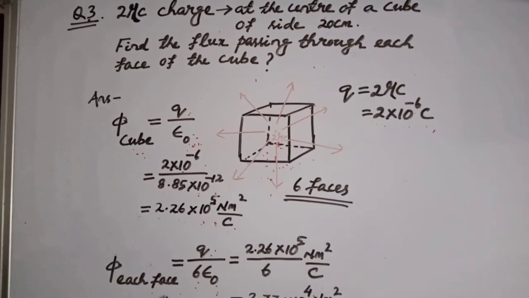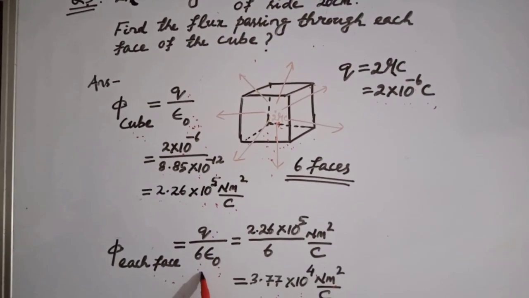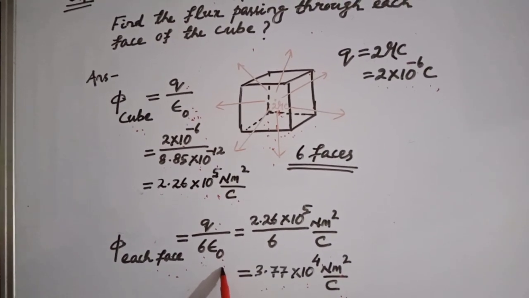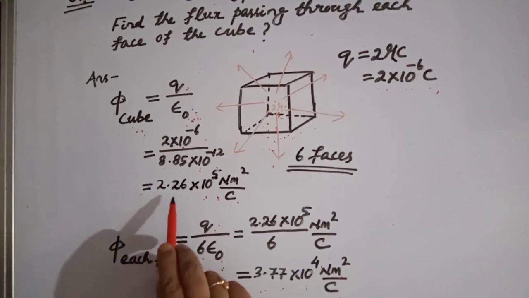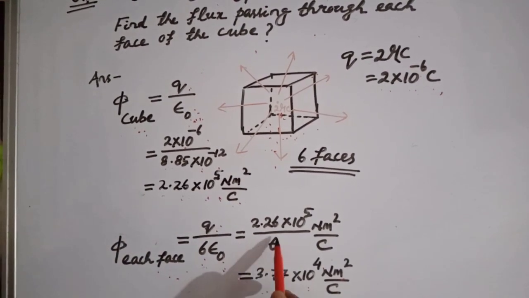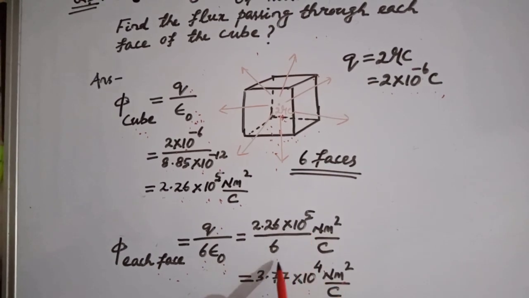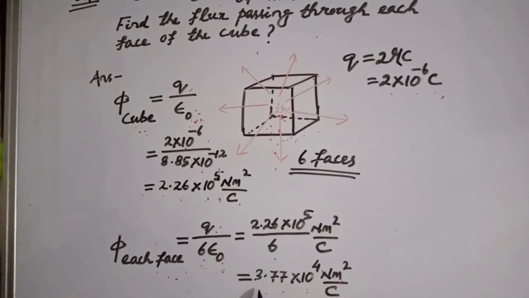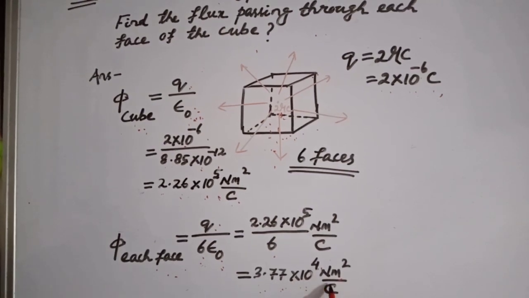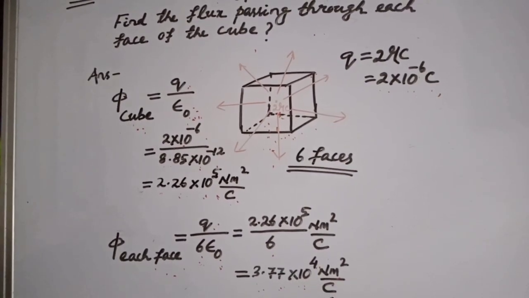It is equal to Q by epsilon naught by 6, that is equal to Q by 6 epsilon naught. That is this value divided by 6: 2.26 into 10 to the power 5 divided by 6. It is 3.77 into 10 to the power 4 Newton meter square per coulomb.